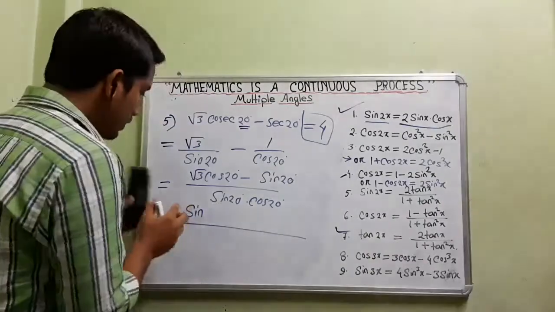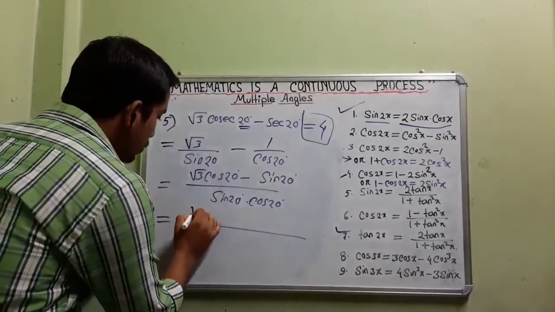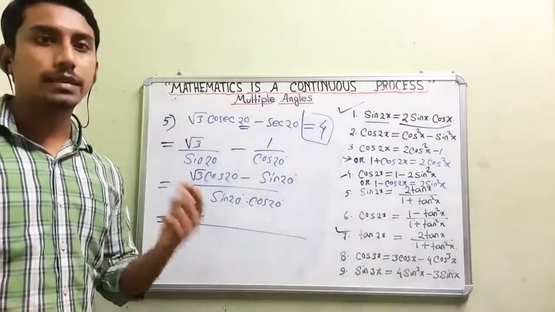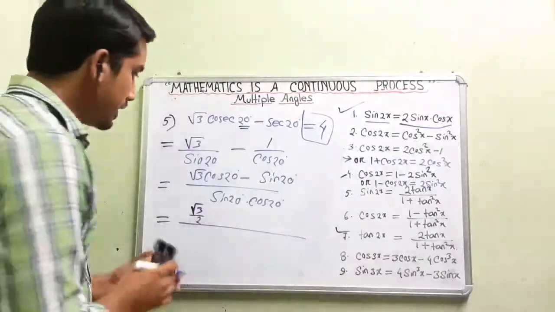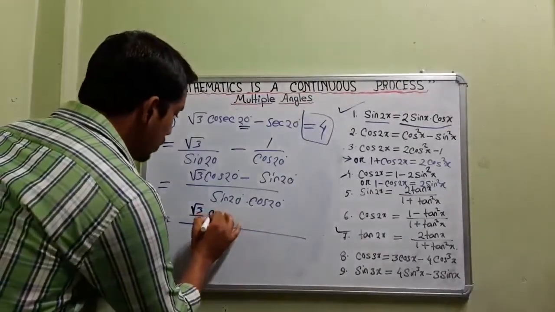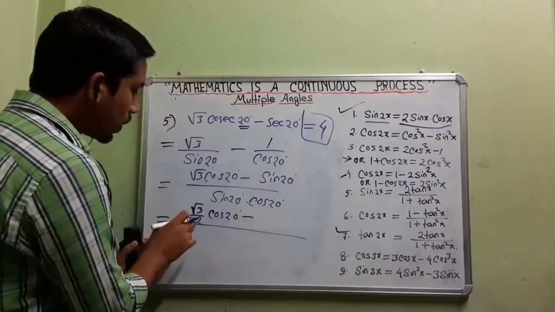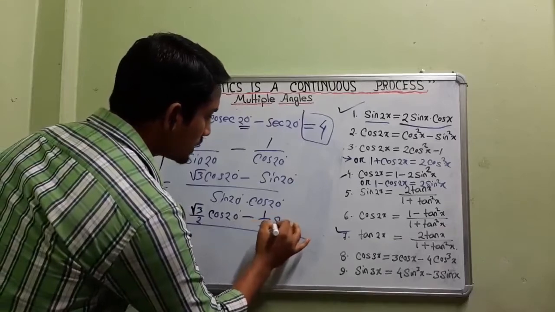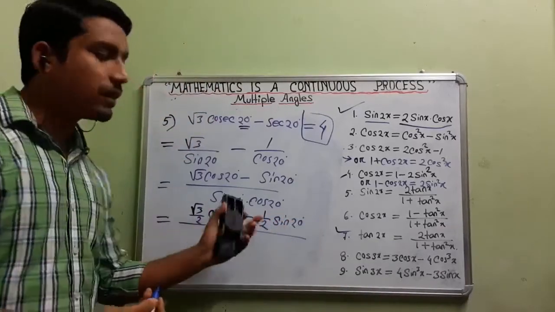So what we'll do? First of all, we need root 3 by 2, we actually need to get some angle, because sine 60 degrees is root 3 by 2, isn't it? So root 3 by 2 I have written. Then cos 20 keeps as it is, minus, as I have taken 1 by 2 there, here also suppose I am taking 1 by 2 sine 20 degree, which means the numerator I have divided by 2.